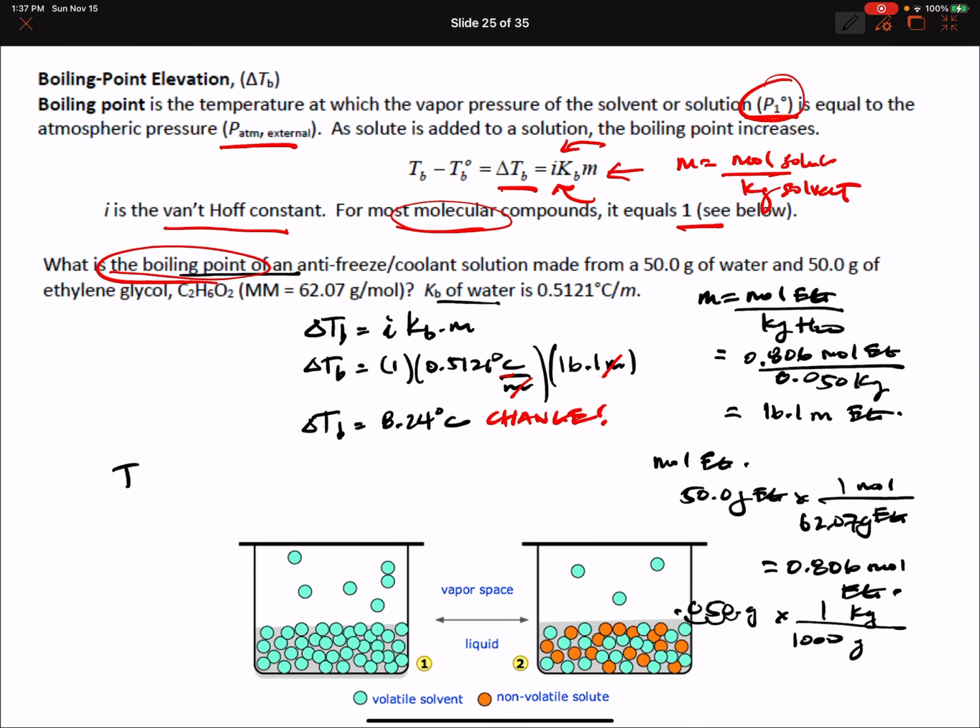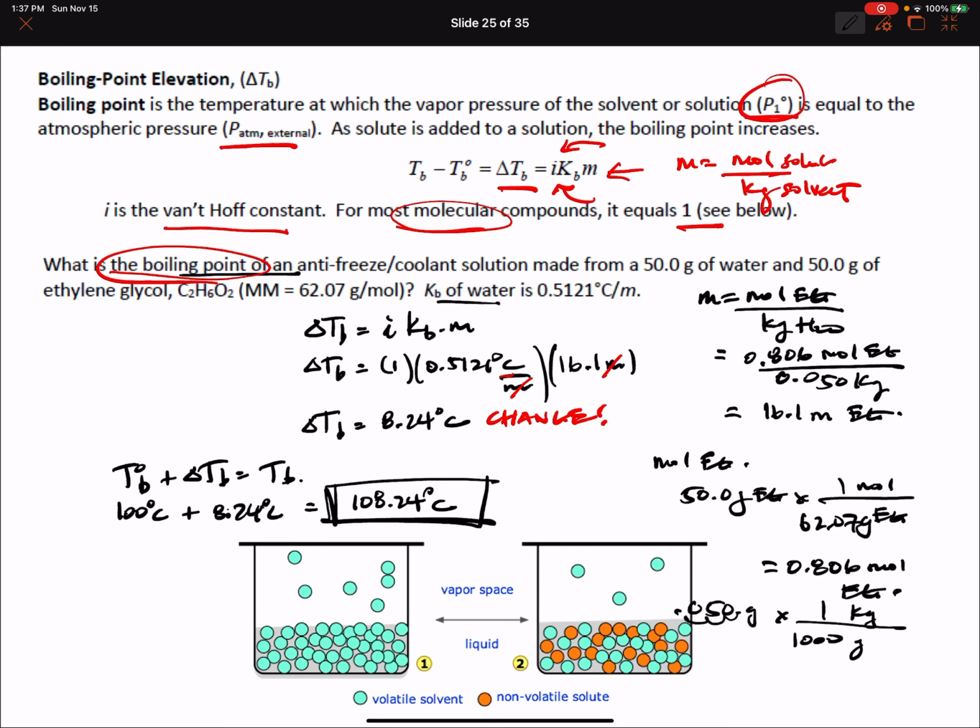So the normal boiling point of water plus the change in boiling point will be the new boiling point. We know 100 degrees Celsius is the normal plus 8.24 degrees C. 108.24 degrees Celsius is the new boiling point. So now this boils at 108 degrees instead of 100 degrees.